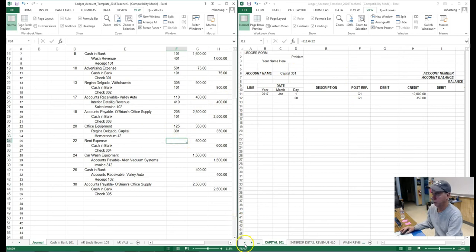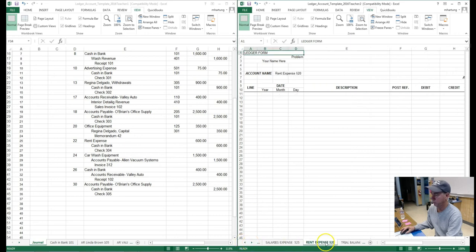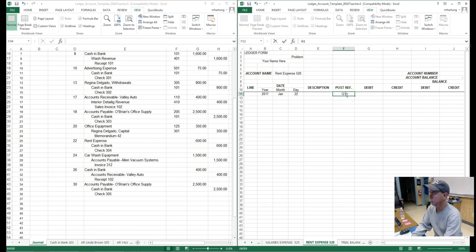Rent expense. What level number for expense accounts? 500, that's right. Let's see here. There it is. Account 520. 22nd. And expenses increase with debits, and that is a debit of 600. Account 520.